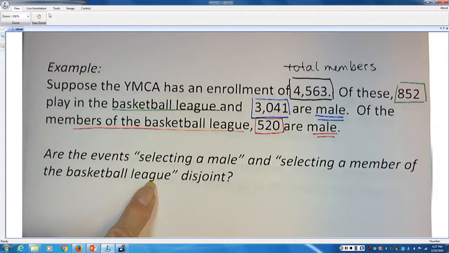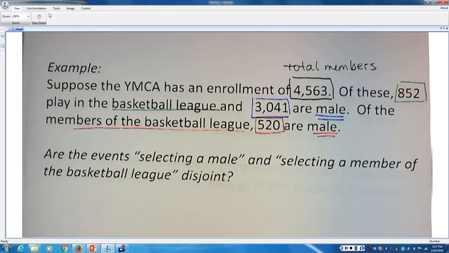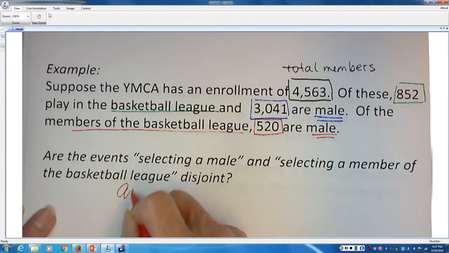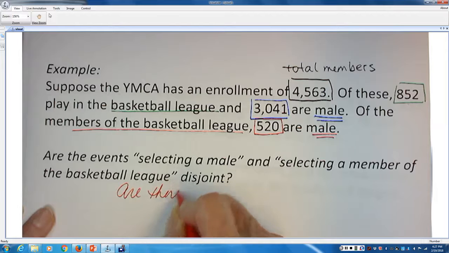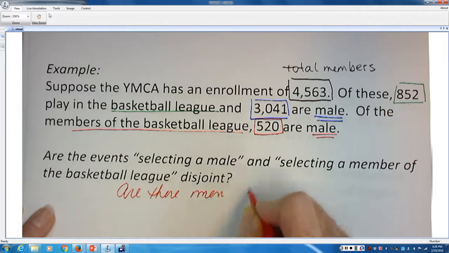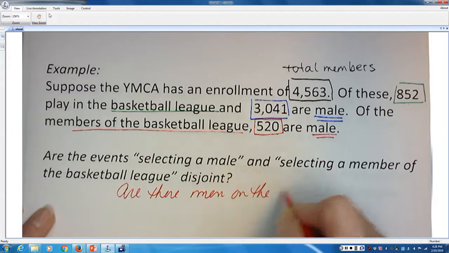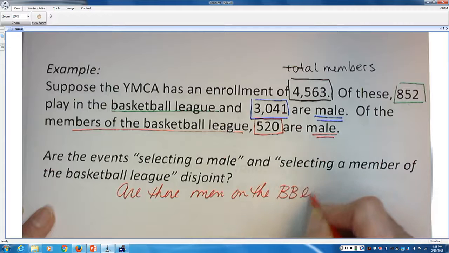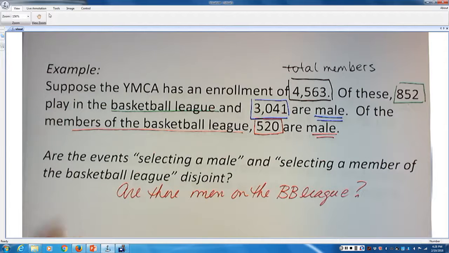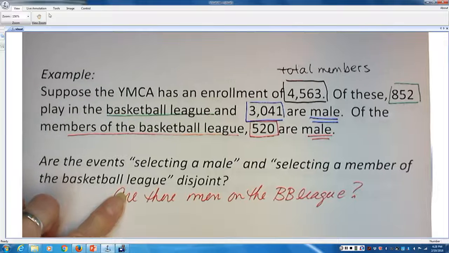Are there men on the basketball league? That's really all that's asking. Make sure you understand that's really what that question's asking.